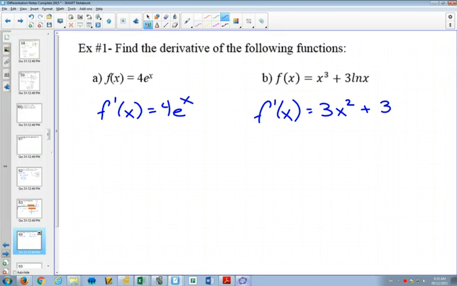It's going to be 3 times, what is the derivative of natural log? 1 over x. Eventually, you might just go right to 3 over x as well. Either way would be fine. At the beginning, I'd recommend writing it like this so you can really see what's happening. But then 3 is just a fraction, 3 over 1, so you could multiply it out to get 3 over x.